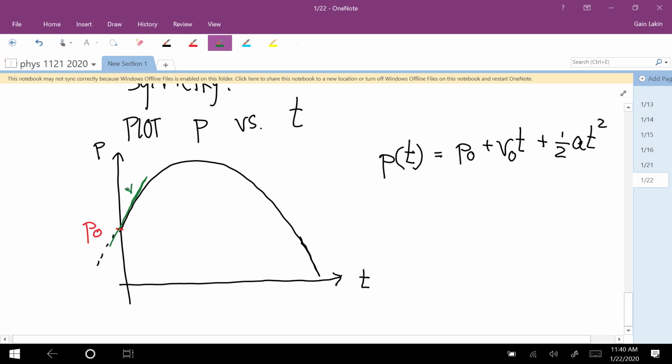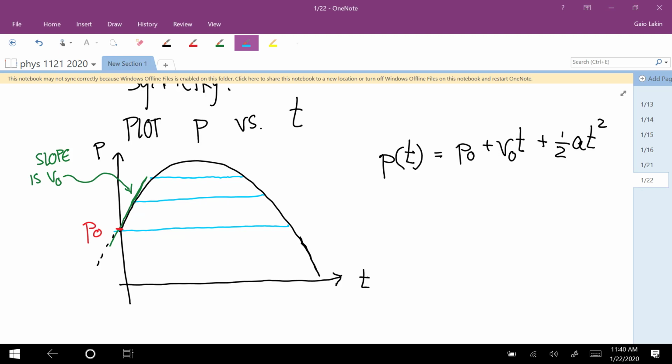The slope of that line is v0, and you can see that at any height, no matter where you are, the slope on the way down is going to be equal and opposite to the slope here. Well, if I draw a better parabola. Okay.